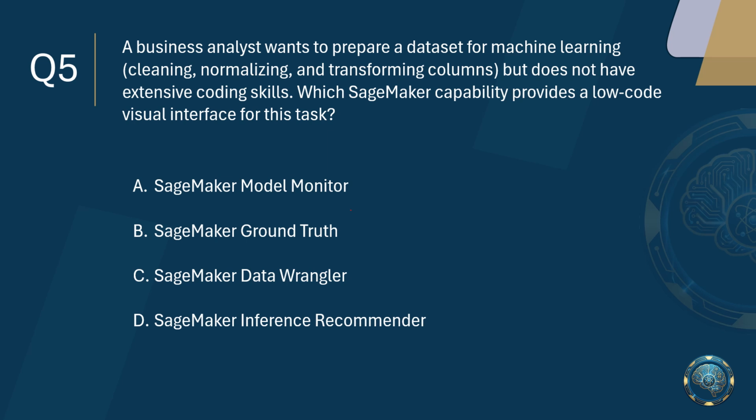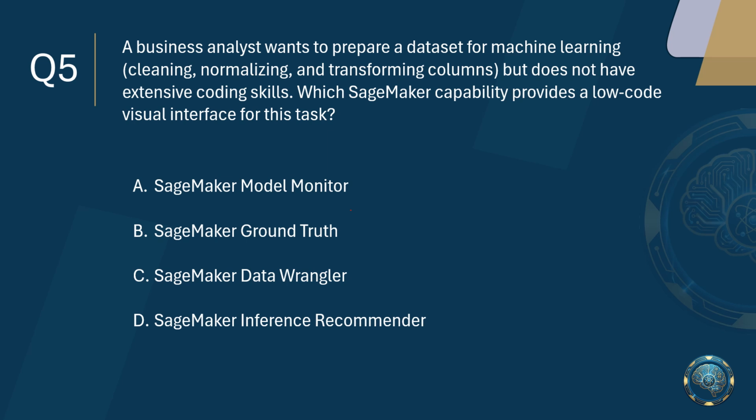Hope you found the answer. Step 2 process again. Step 1, identify keywords in the question. Step 2, eliminate wrong options. Let us do step 1. A business analyst wants to prepare a data set for machine learning, cleaning, normalizing, and transforming columns.